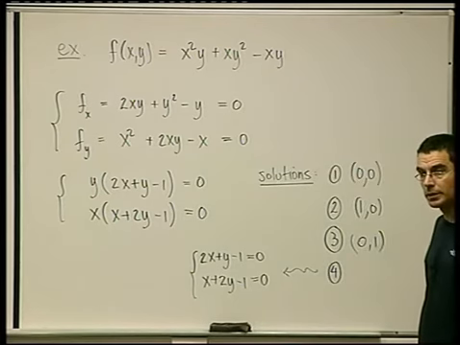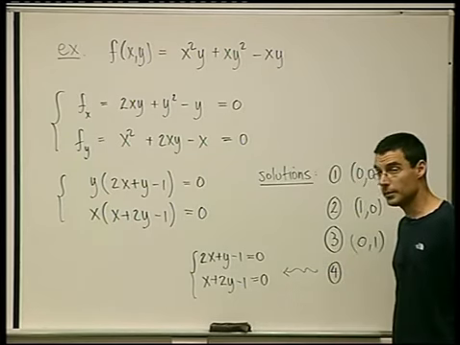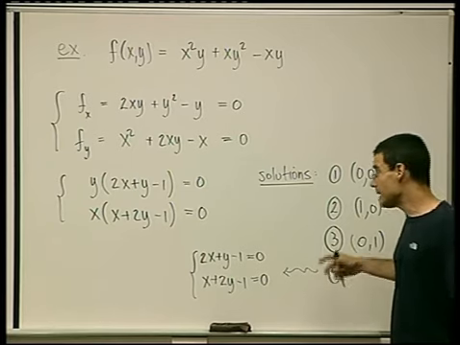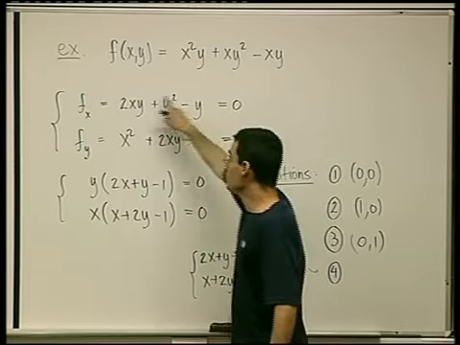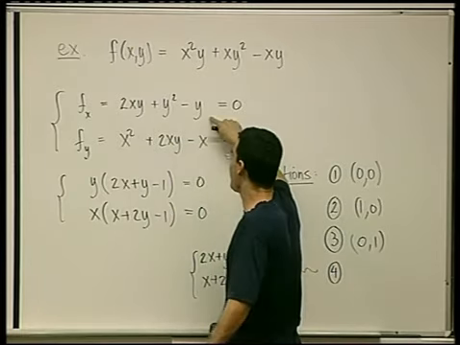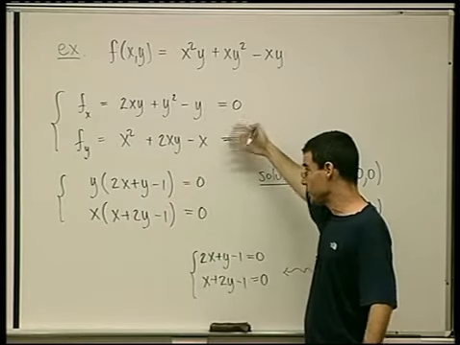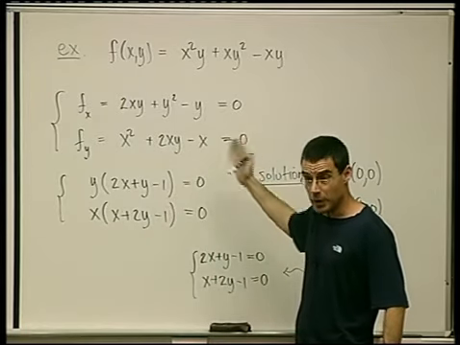Do you agree? That's the fourth solution, and those are all of them. Is everybody with me? And that's what I mean by saying, if you would try to solve this for y and plug it into the other, maybe you'd get the same thing. This system is not too complicated any way you look at it.